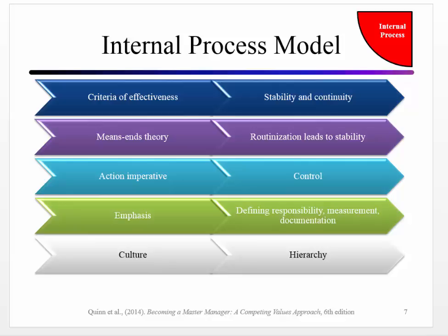Conservative values are probably shared amongst a lot of the people in this particular organization. Where stability, the way we've done things in the past, has been successful, let's try that again. Continuity with the past is important. Radical changes are not something you're going to find recommended by a manager when using the internal process model.